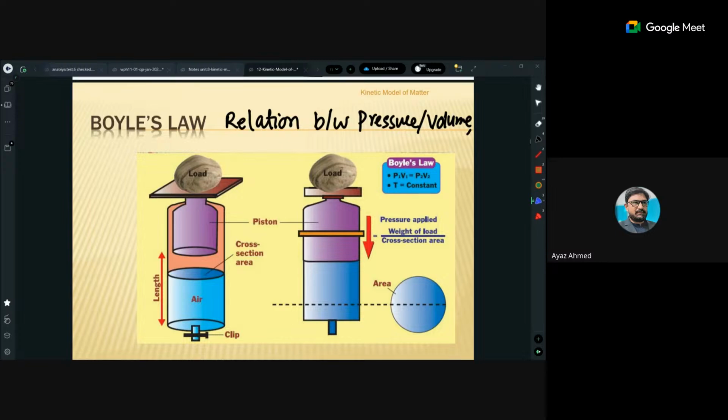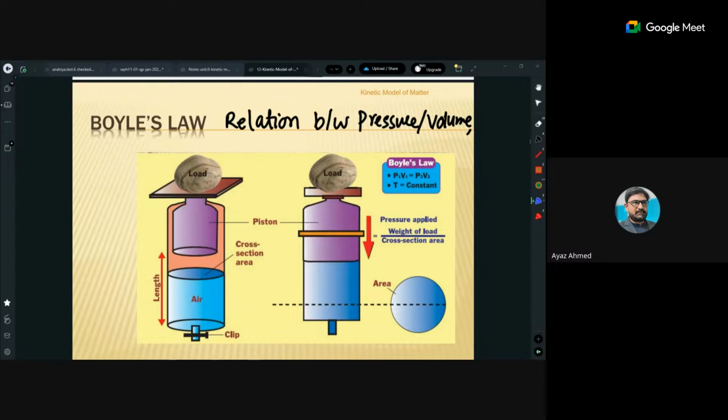Okay, Boyle's law, the relation between pressure and volume. Here is a situation where we have a piston placed in a closed container, and that piston is capable of movement, and we have put some load on it.